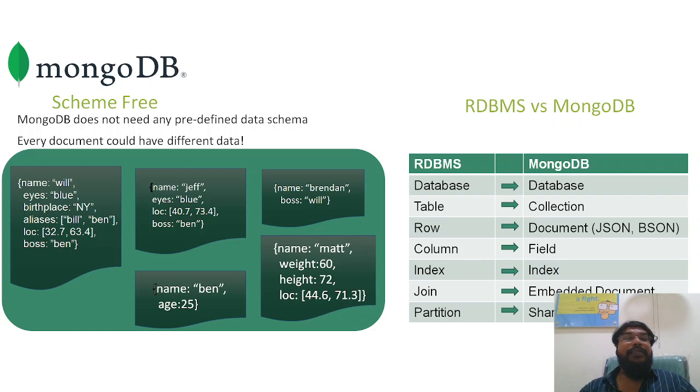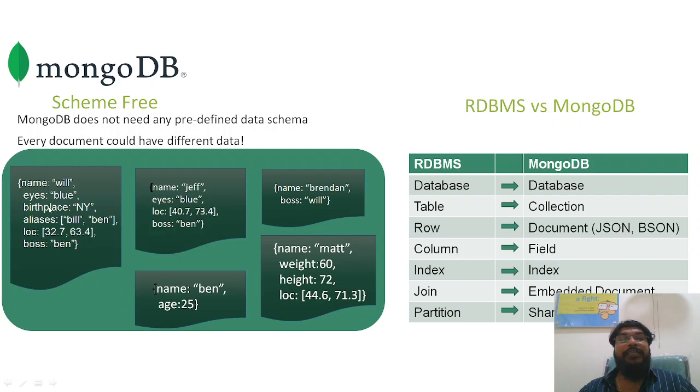Here we are using a collection which stores the data of the employees. For example, in the first document we had taken the fields as name, eyes, birthplace, aliases, location, and also who is the boss.